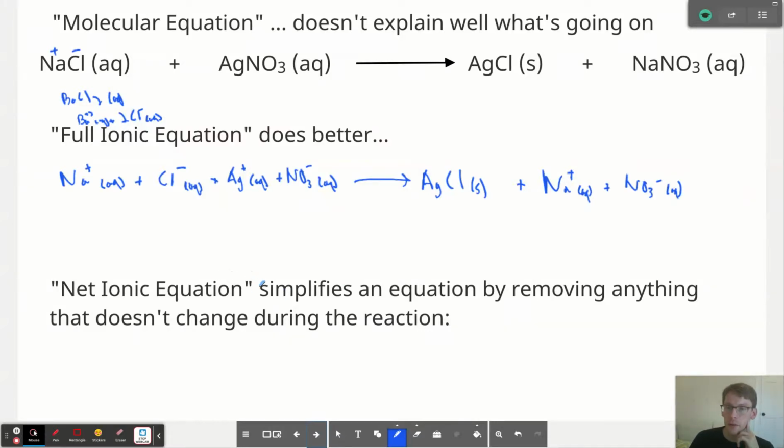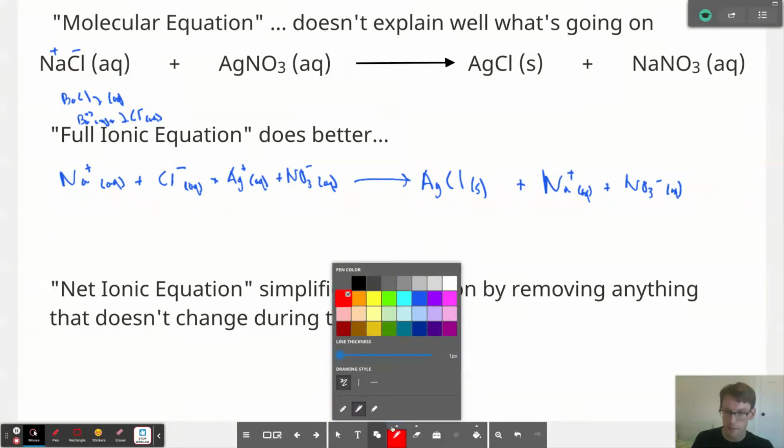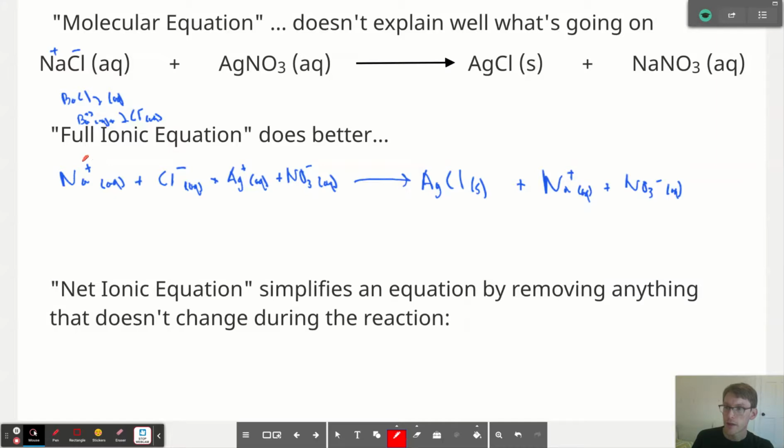So the net ionic equation is an even greater simplification because when we look at the full ionic equation, what we find is that we haven't had the sodium or the nitrate change. I'm going to just put this in red. The sodium starts off positive and aqueous, and it ends up also positive and aqueous.